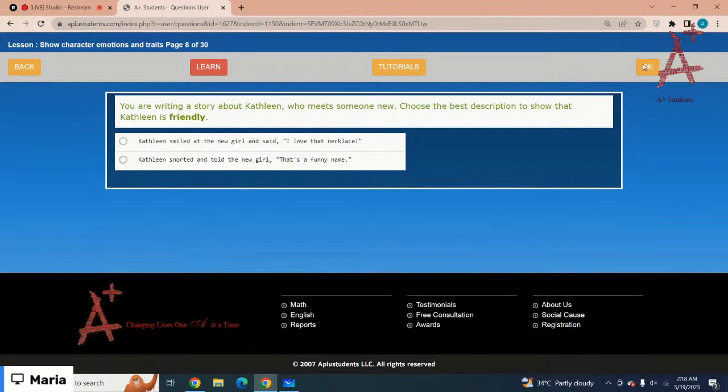Okay, you're writing about Kathleen who meets someone new. Choose the best description to show that Kathleen is friendly. Kathleen smiled at the new girl and said, "I love that necklace." Kathleen snored and told the new girl, "That's a funny name."